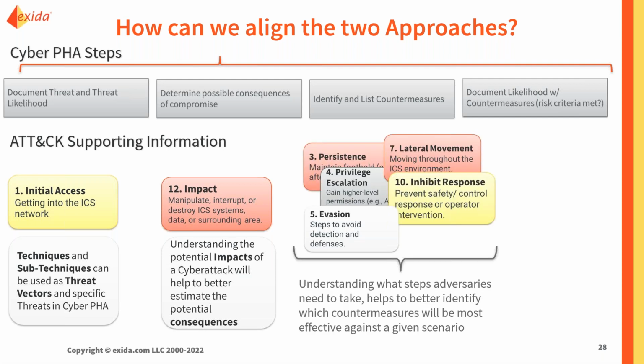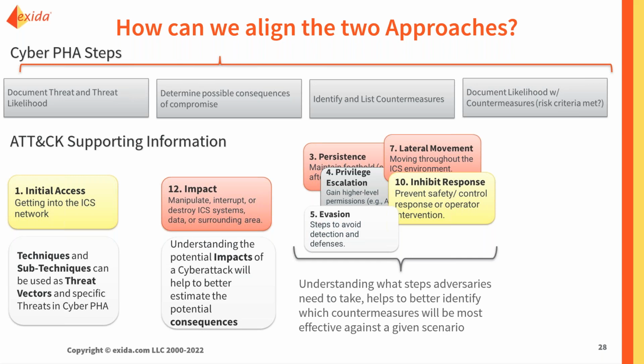And then for our countermeasures, we can think about what steps attackers are going to have to go through for a typical attack. If we identify a high consequence scenario, what are the steps they have to take to get there?